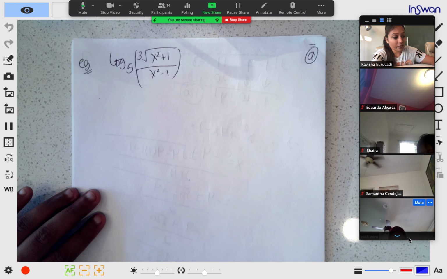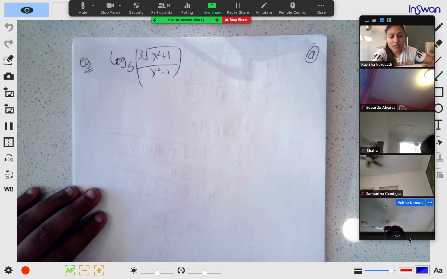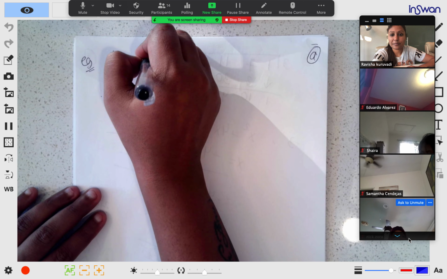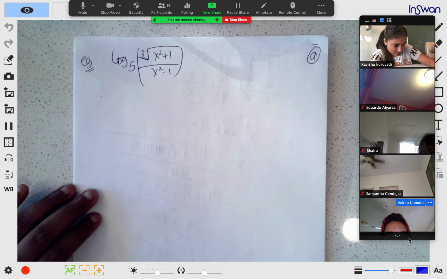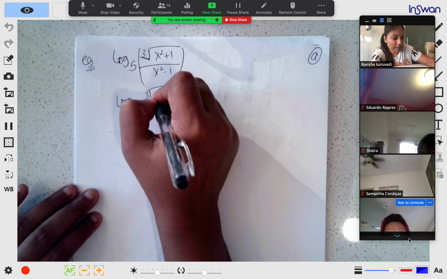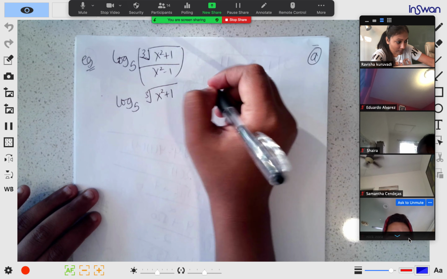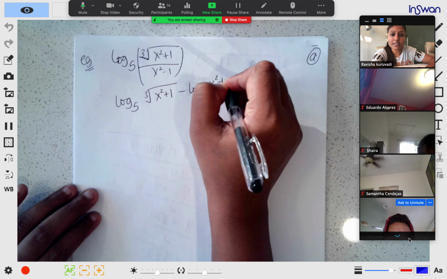Where are they multiplying in the numerator? Oh, it's a cube root. Okay, never mind, sorry. So since it's division, you have to subtract. So it's log base 5 of cube root x squared plus 1, and then minus log base 5 of x squared minus 1. Okay, perfect.